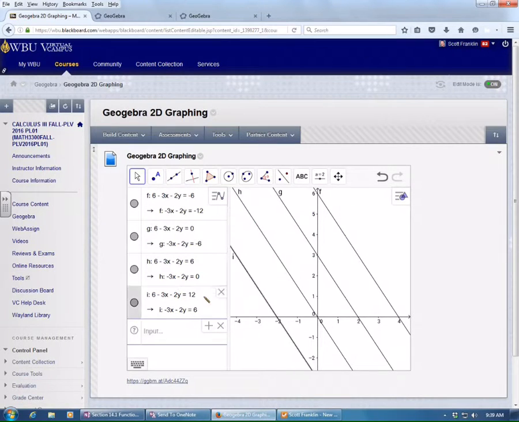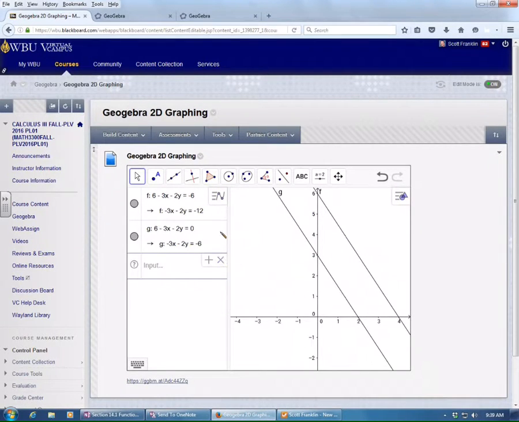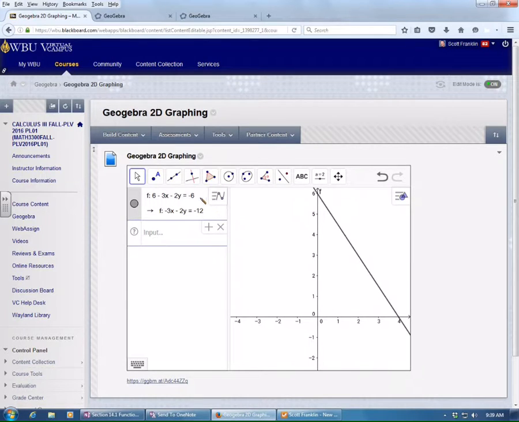So I'm going to go back in here and I'm just going to delete these by clicking the X, or right click and click delete if I can't get to the X. I'm going to make my life a little bit easier this time.